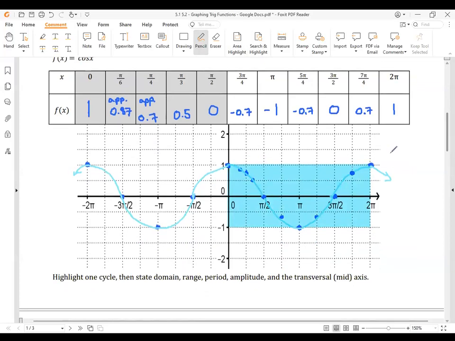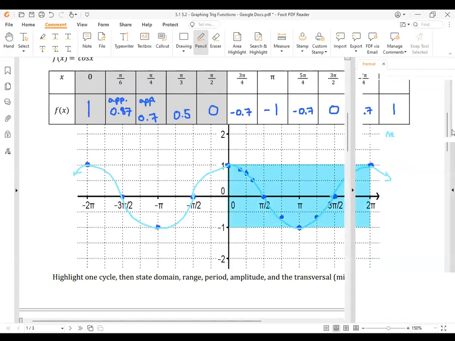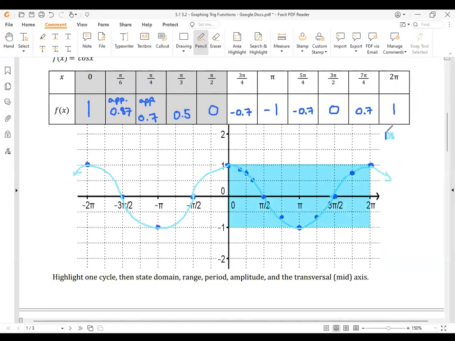And so we've got domain. I guess I'll do it. Domain. It's still negative infinity to positive infinity. Range goes from negative 1 to 1, including negative 1 and including positive 1. Period. It's still 2 pi because it repeats.